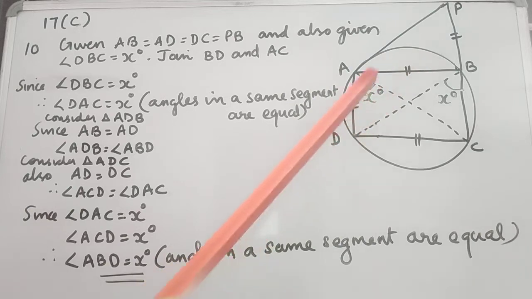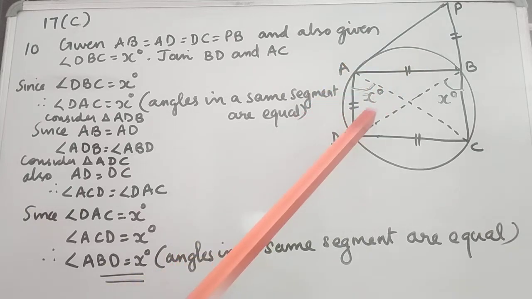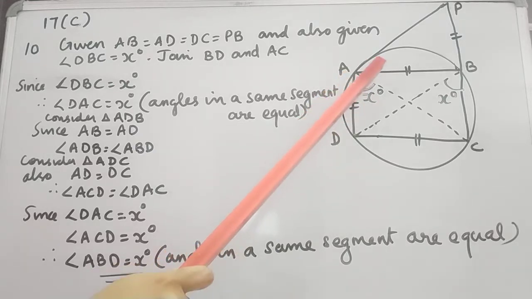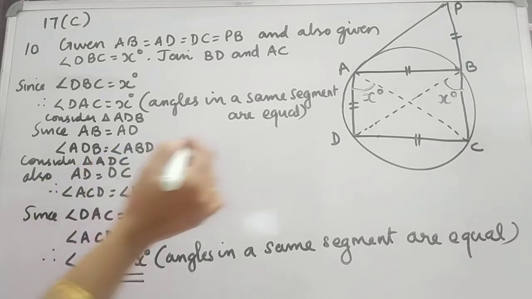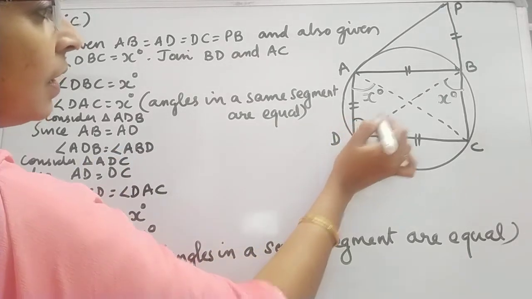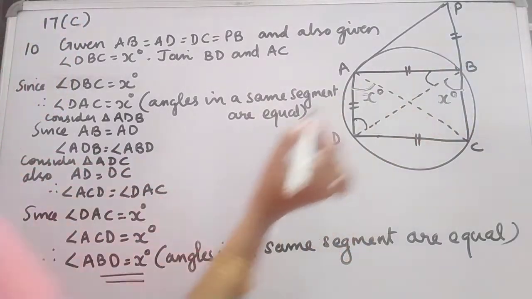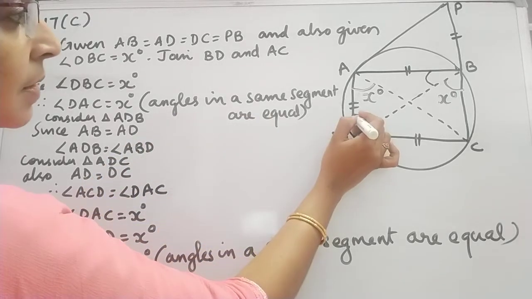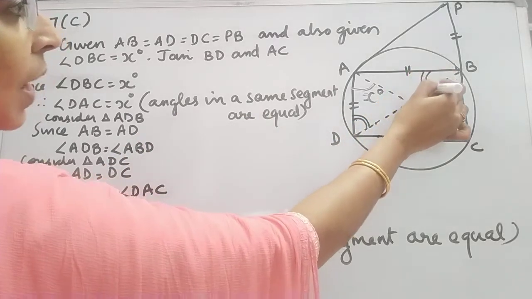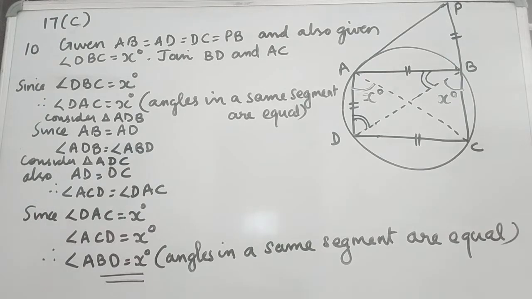So angle ADB will be equal to angle ABD. These two angles will be equal, so I am marking them with a double line.